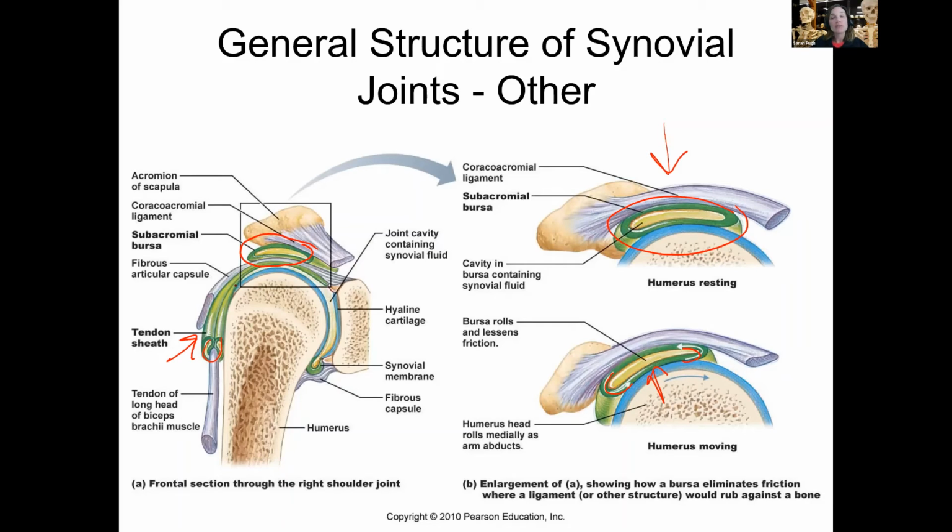You may have also heard of tendinitis, which is inflammation of the tendon sheath. Again, it's not going to be able to reduce friction if it's swollen. In both of those cases, they're treated with anti-inflammatories, something like Aleve, something that'll take the swelling down, and usually the pain will go away.